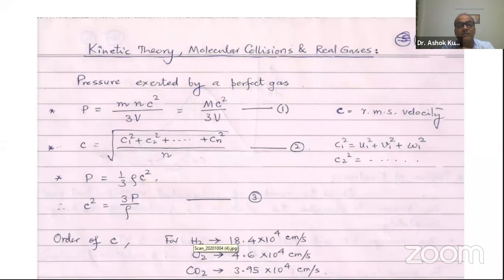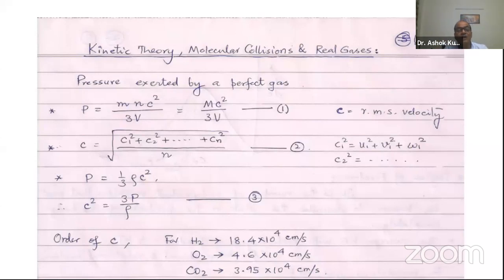In kinetic theory of gases, you know that we have certain assumptions: all gases are made of small constituent particles. These particles could be atoms or molecules, but they are only called molecules. This is not molecules in the chemistry sense, but the name given is molecules.